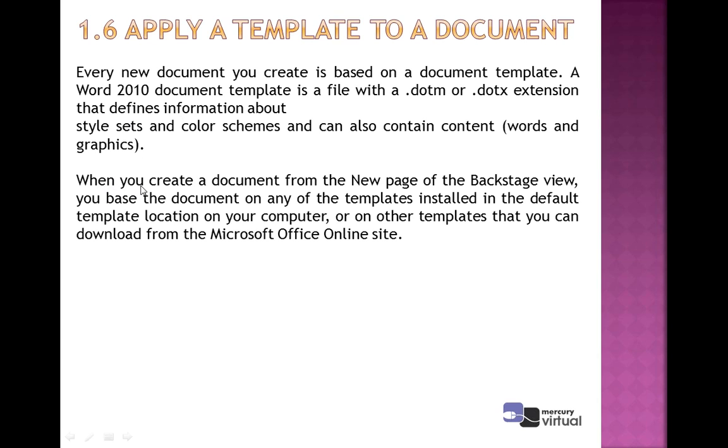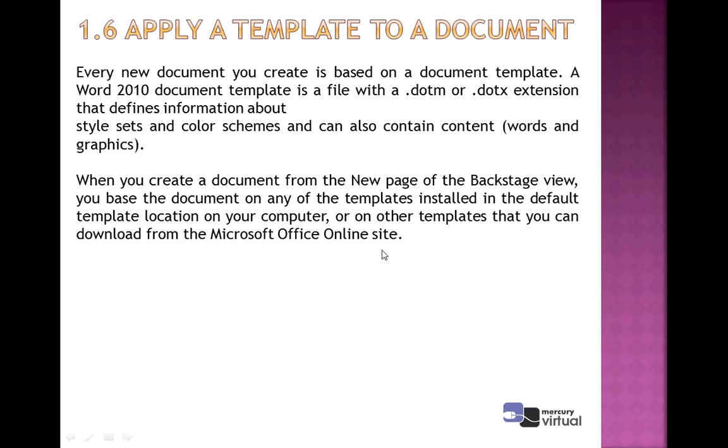The next paragraph says when you create a document from the New page of the backstage view, you base the document on any of the templates installed in the default template location on your computer, or on other templates that you can download from the Microsoft Office Online site. This paragraph says you can either create a template or use an existing template that is available, or even download a template from the Microsoft Office Online site.